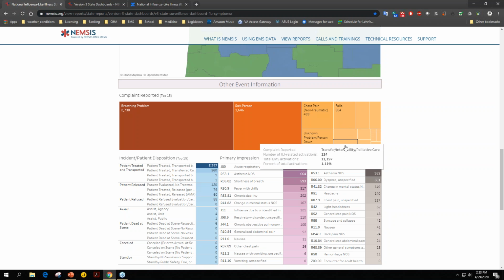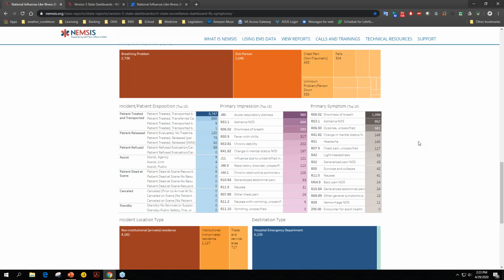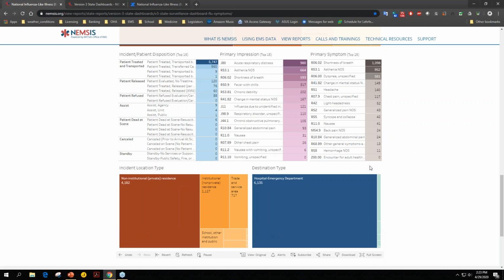A big one is interfacility transports as well, we're seeing on these. And then we can see where they're coming from and where they're going. So despite reading about nursing home outbreaks, we can see that ILI illness from private residences is actually the largest one, with group homes being second.